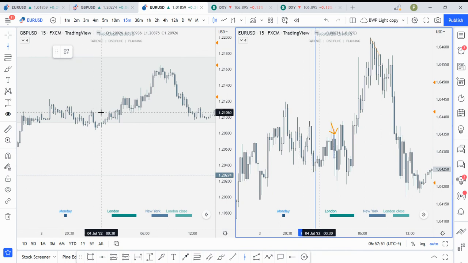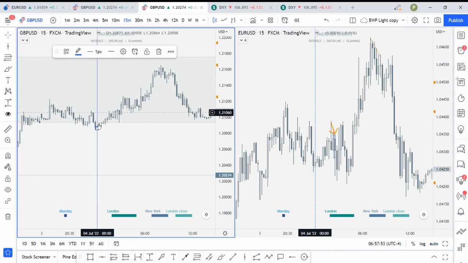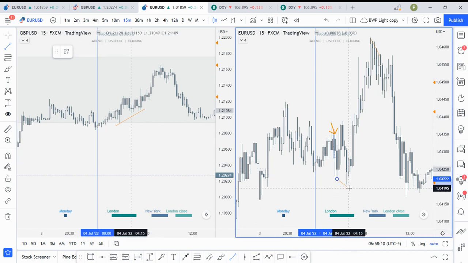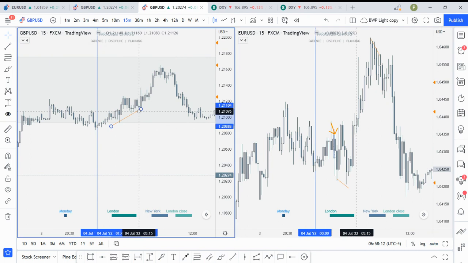This is midnight. You can see we have an SMT divergence during London. This one is making a higher high, while this one is making a lower low right here.